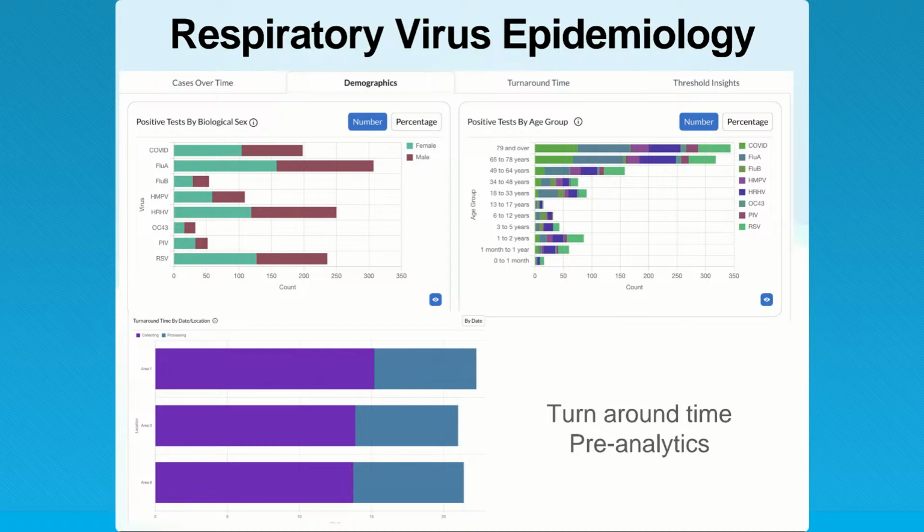And then again, same idea, gives us biological age, gives us who is experiencing what at what age group. So the top right is looking at different epidemiology in different age groups based on the different viruses. So you could see we saw lots and lots of influenza as well as flu B in the elderly.